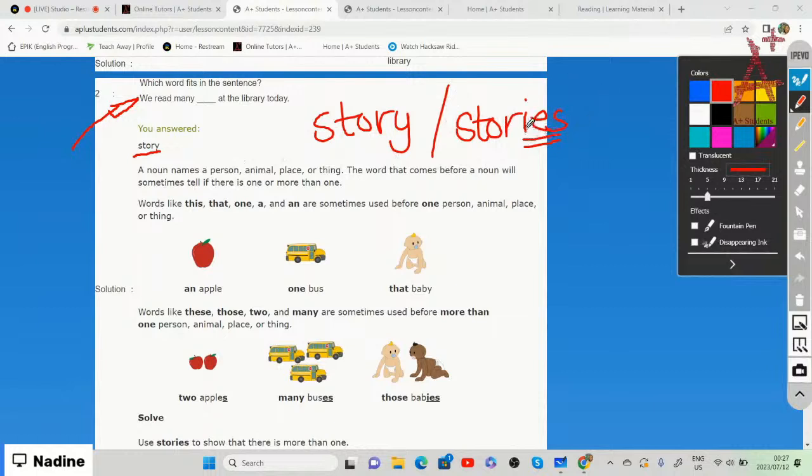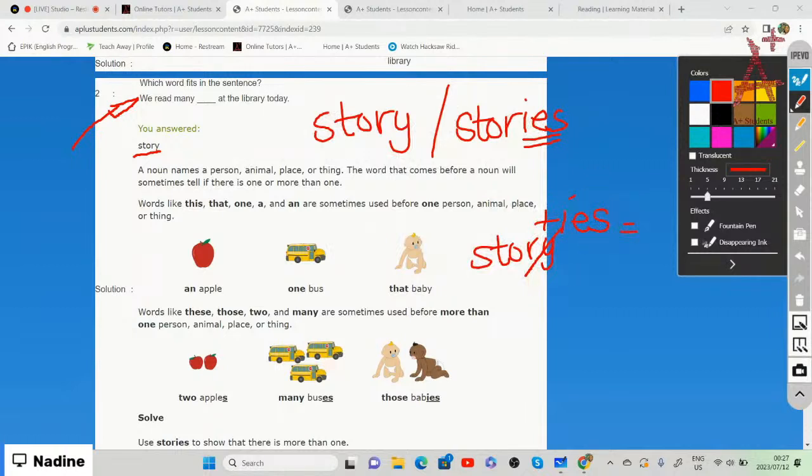If you have a word like story that is singular and we change that word into plural, then we remove the Y and we add IES to the word story.